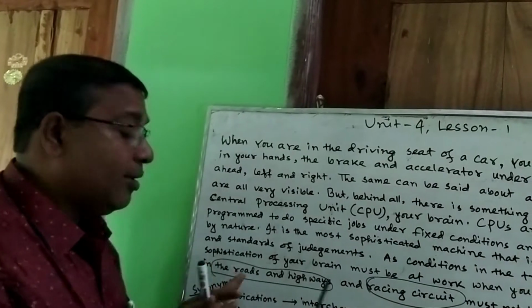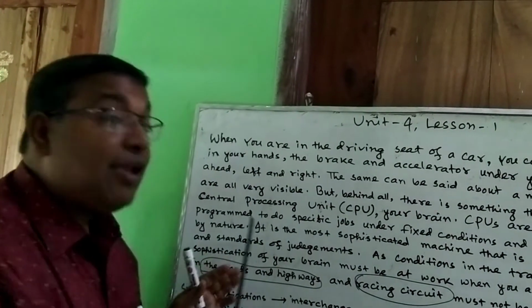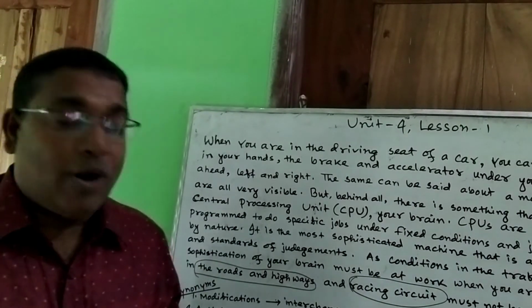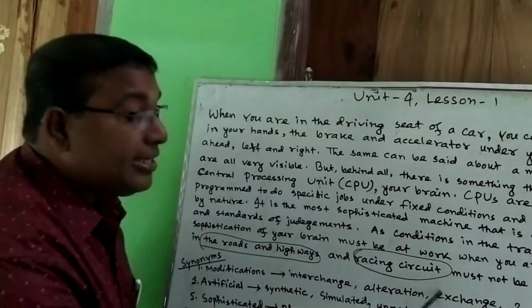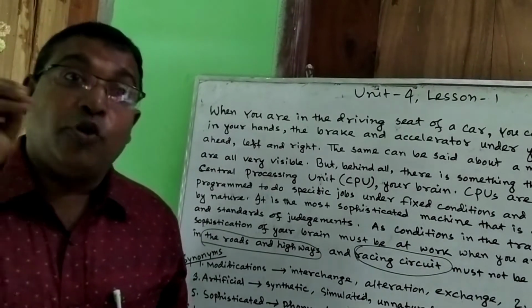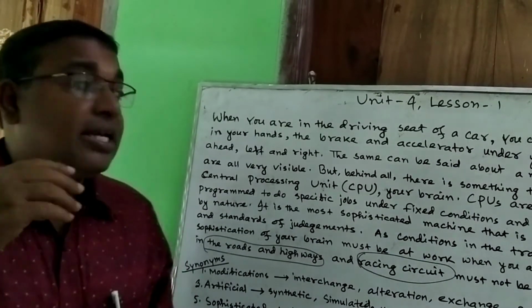Yes, because on roads and highways the first priority should be given to safety, but in a racing circuit the first and topmost priority should be given to fast driving.